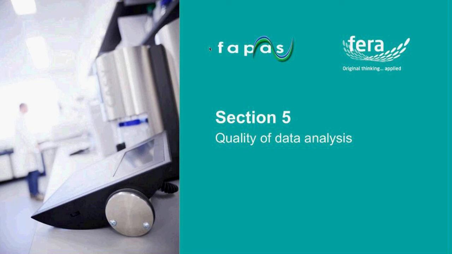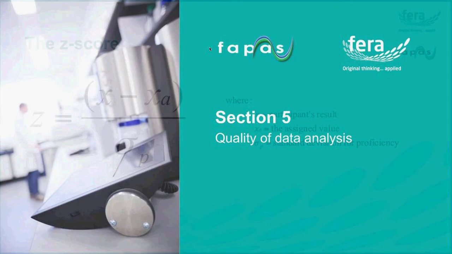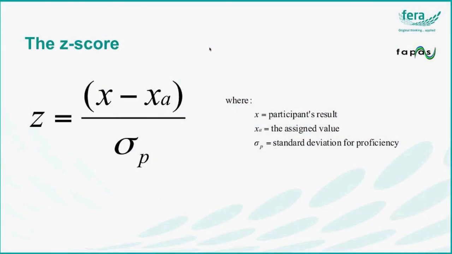Section 5. The quality of the data analysis. This is about Fapas as a proficiency testing provider and what we do to ensure that you get the best assessment of your data possible. The assessment you receive is in the form of a Z-score.